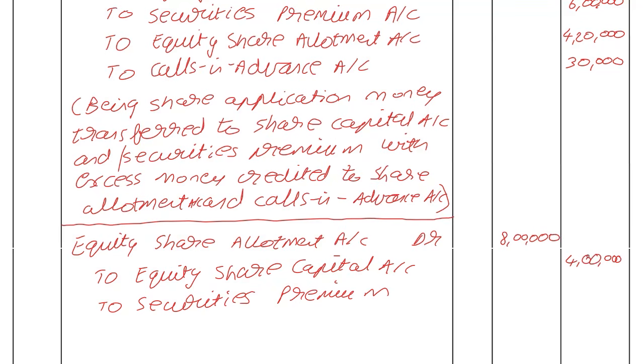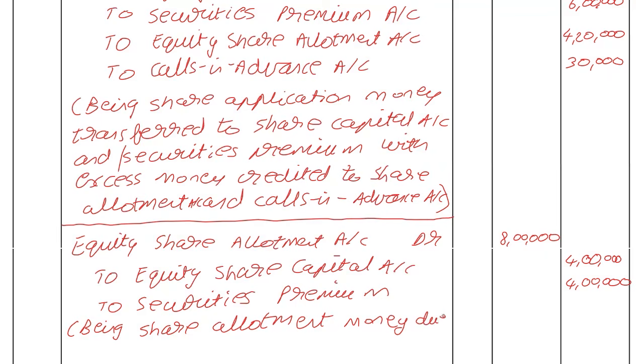And again, 4 into 1 lakh, which is 4 lakhs. Okay, being share allotment money due.